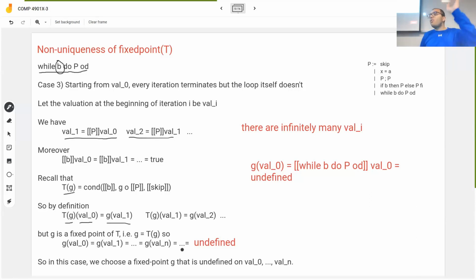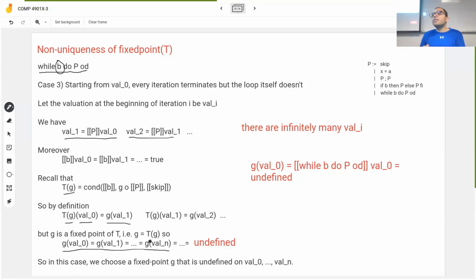Whereas in case 1, for example, when the while actually ended, I didn't have any choice at all, and all of these fixed points had to agree. Here I can say, okay, I can have a fixed point where the fixed point is undefined on all of these valuations, or I can have a fixed point where it maps all of these valuations to a valuation that maps everything to 0, or a valuation that maps everything to 1, whatever, as long as I have this.